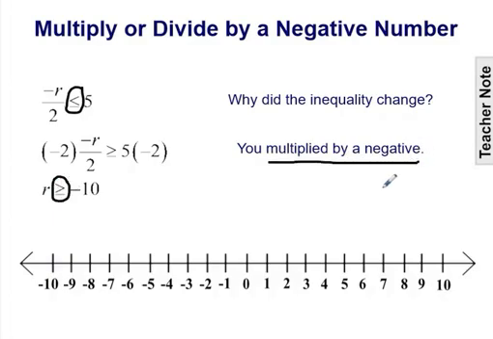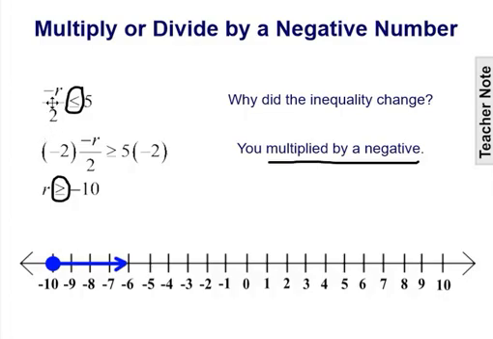But all in all, that does mean we have a closed circle at negative 10 with our shading now to the right. And that's really where the rule comes into play, is because your shading, if you didn't switch your sign, your solution set would be wrong. The shading would be on the opposite side. So you have to take into account where you're starting. This was a little bit of a trickier example because we had that negative on the top.